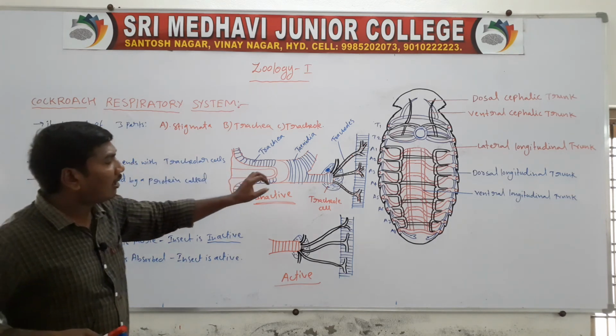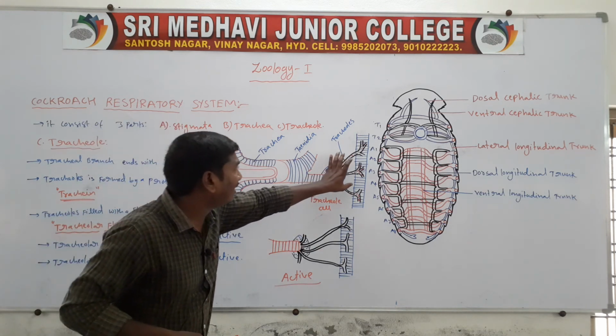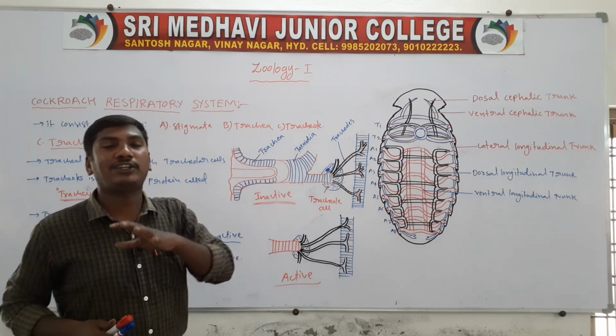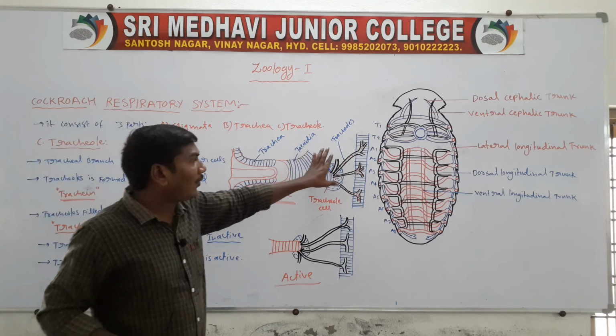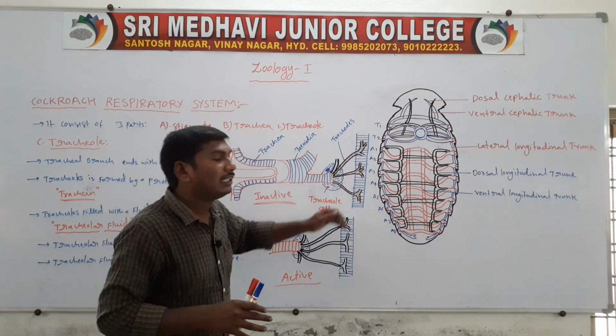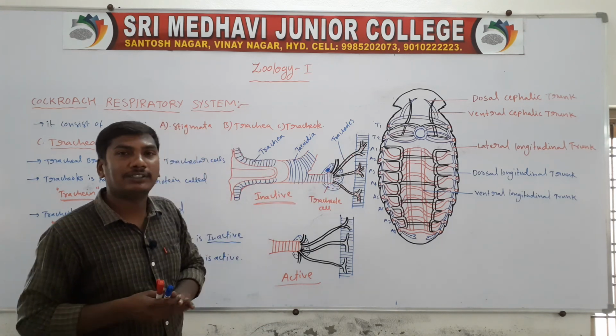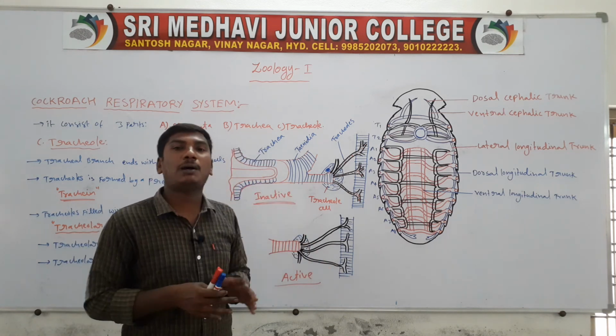The tracheoles are filled with a fluid called tracheolar fluid. When that fluid is more in the tracheoles, the insect is inactive. When the tracheolar fluid is completely absorbed, the insect is active.